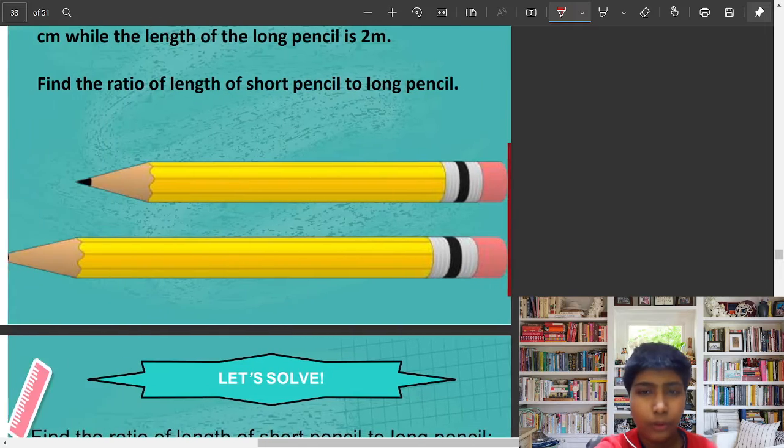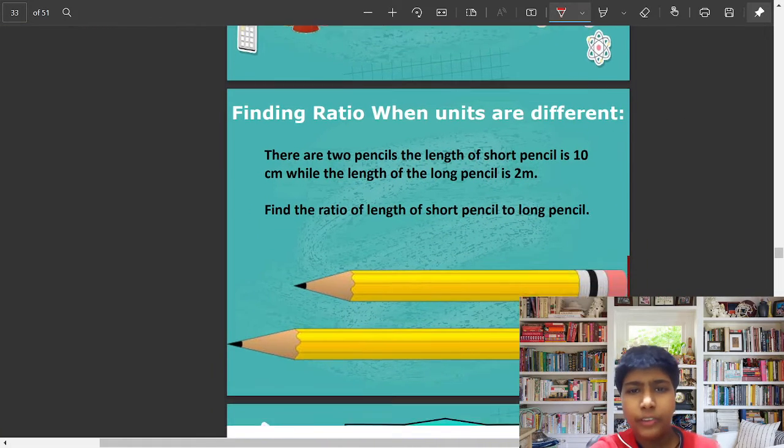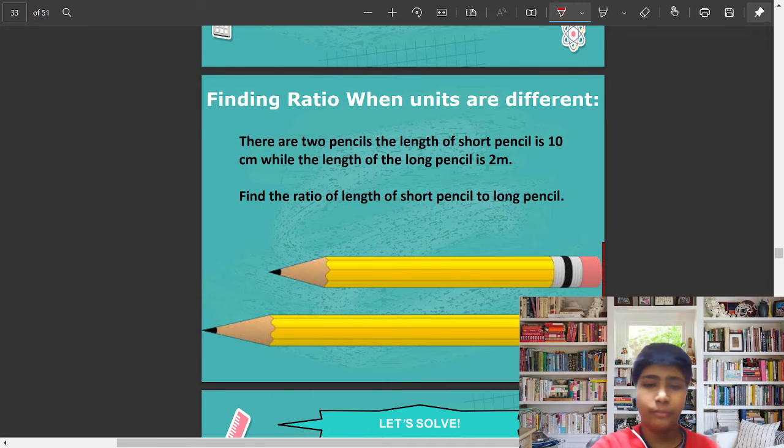Find the ratio when units are different. This is very important. There are two pencils. The length of the short pencil is 10 centimeters while the length of the long pencil is 2 meters. We can never find the ratio of any numbers when the units are different.